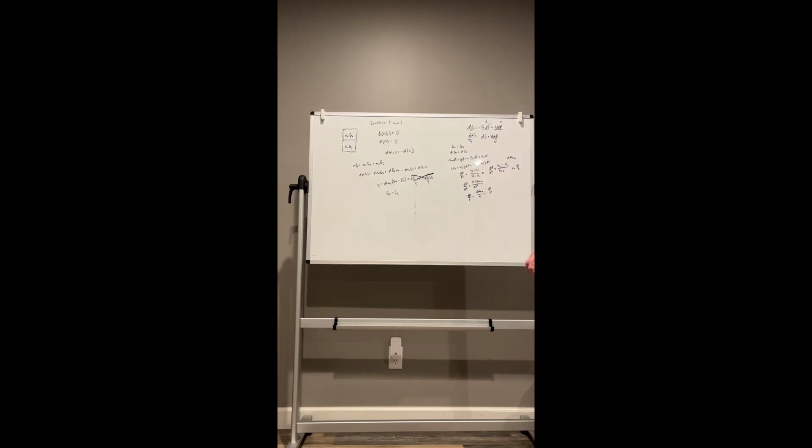If we integrate this from P1 to P2, and this from T1 to T2, using some simple calculus we end up with our Clapeyron equation: the ln of P2 over P1 is equal to delta H vap over R times (1 over T2 minus 1 over T1).